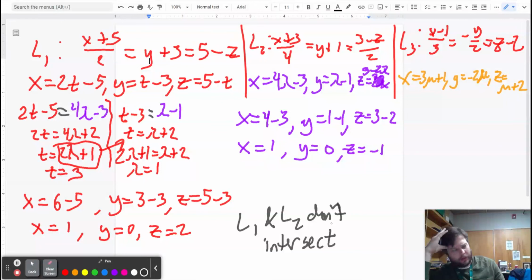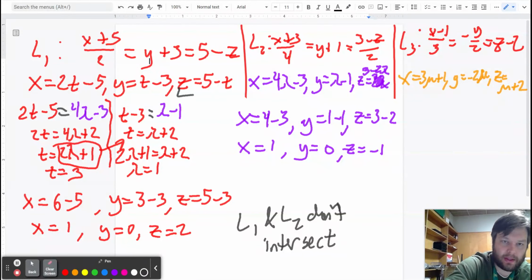So yeah, I don't think I really want to say anything else about this problem. We could have done L1 equals L3. There's no reason to start with L1 equals L2. We could have started by equating the z coordinates, and we would have run into some other sort of contradiction at some point.